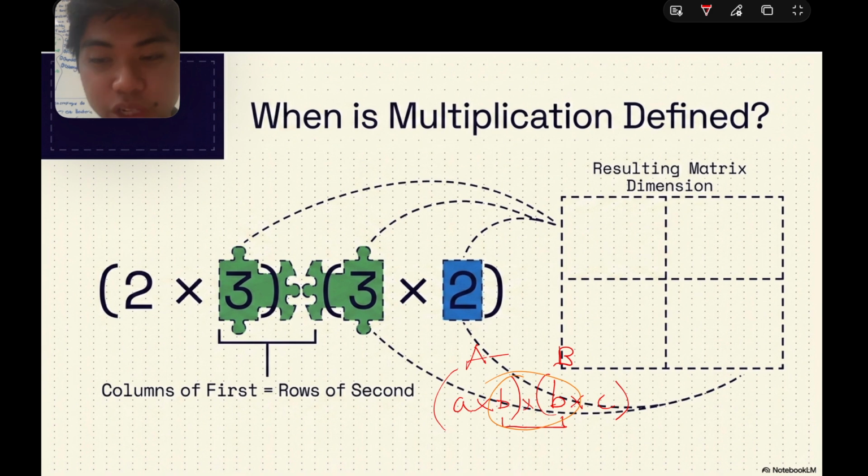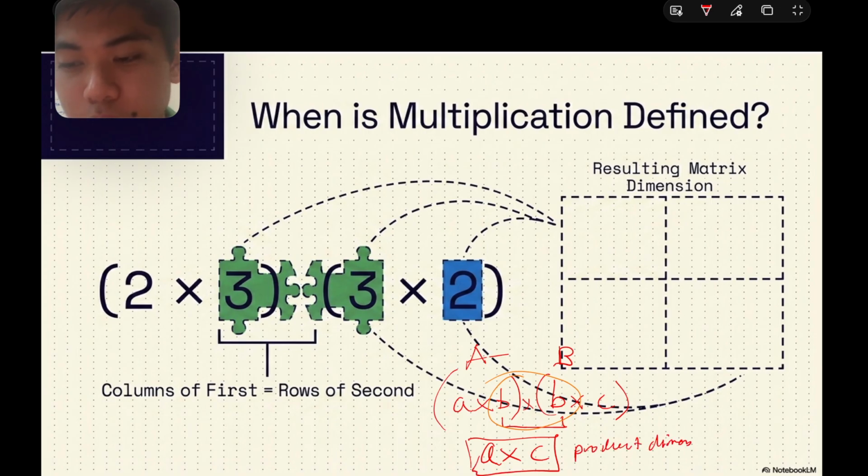Now the resulting matrix dimensions, when we multiply it out, are going to be A times C. That's our final product dimensions. Sometimes it may actually change the dimensions of the matrix, and we'll get to more examples of that as well.